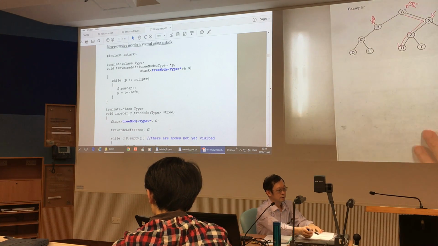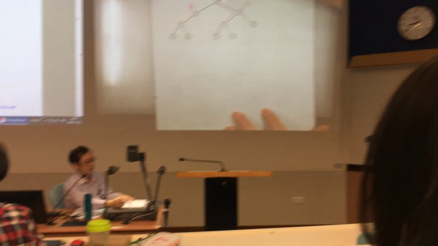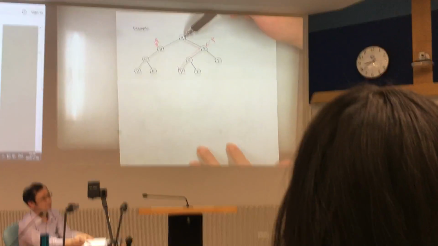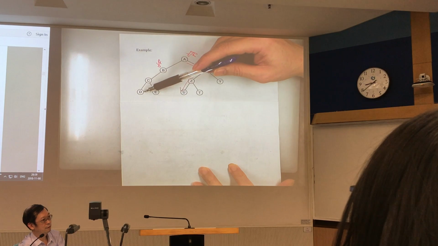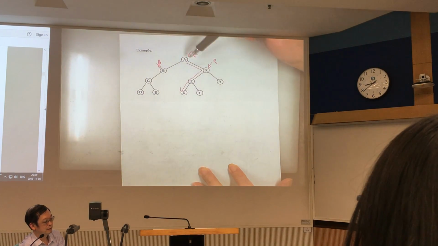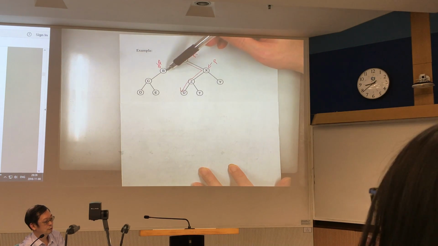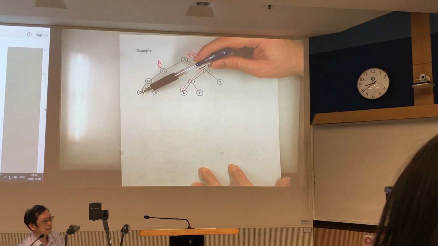Now, in the in-order traversal, we start from the root, but the first label that we are going to output is D. So it means that we need to move down from the root to the leftmost descendant.